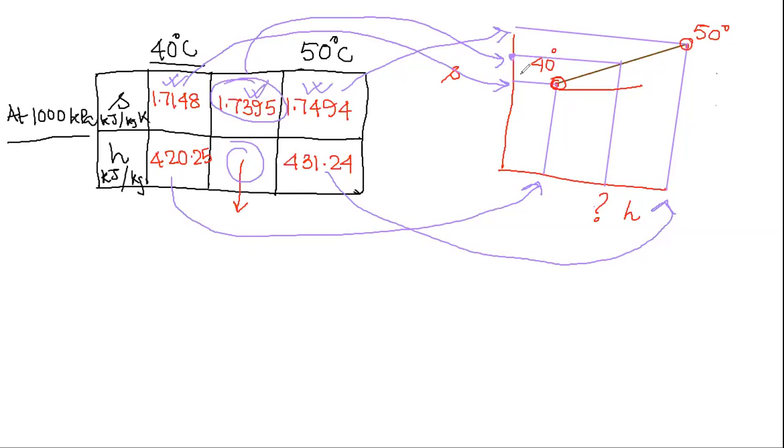Since both the entropy value and the enthalpy values are known, the equation is like S, say this is S2, this is say S1, this is say H1, this is say H2, and this is S, and this is H. So we can write in a similar way to the equation of a straight line in terms of x and y.